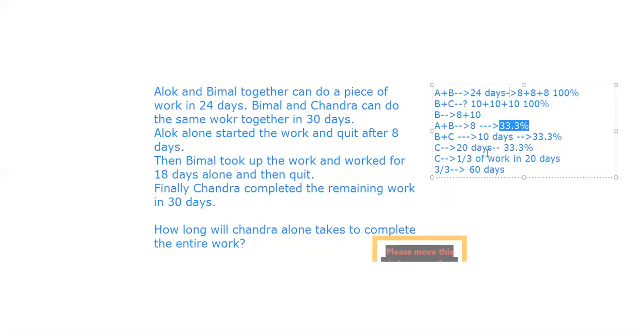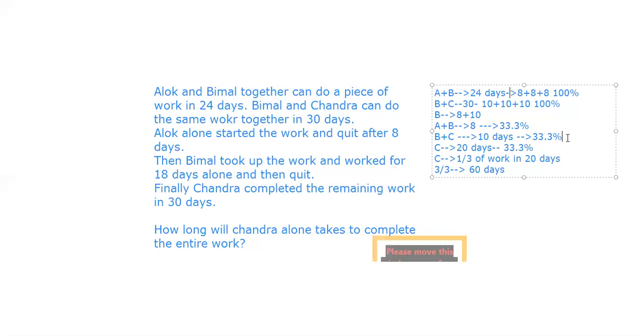Likewise, now Bimal has been left with 10 more days, and C worked for 30 days, and from 30 days I take 10 days. So now I can rewrite it as B and C worked for 10 days together. So 30 days I can rewrite it as 10 plus 10 plus 10. So for every 10 days they complete 33.3% of the work.